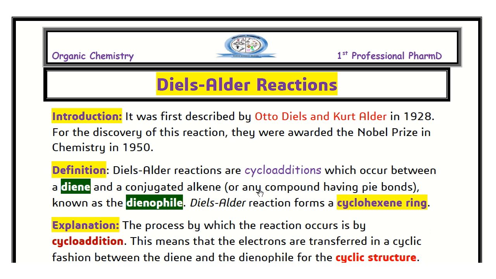It can be an alkyne or a cyclic unsaturated compound, and that molecule is known as the dienophile. So basically it is the cycloaddition reaction between a diene and a dienophile, and this reaction results in the product that is the cyclohexene ring. This is known as cycloaddition because the addition reaction occurs in a cyclic manner.